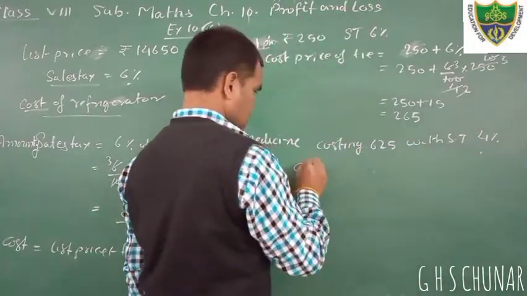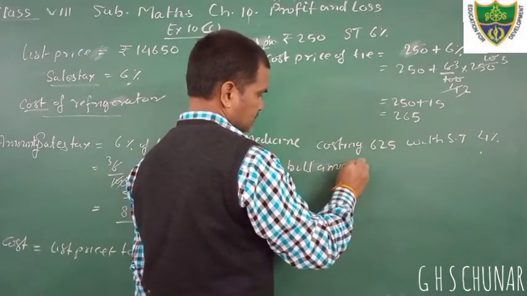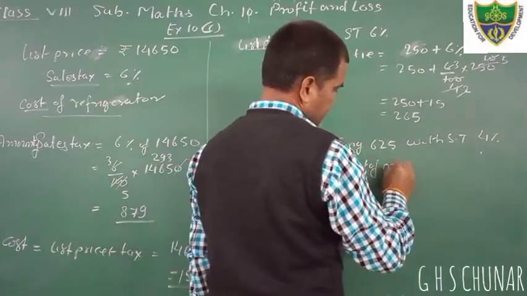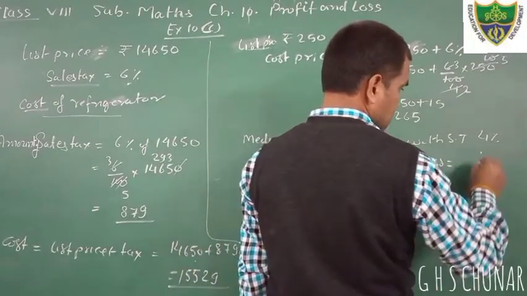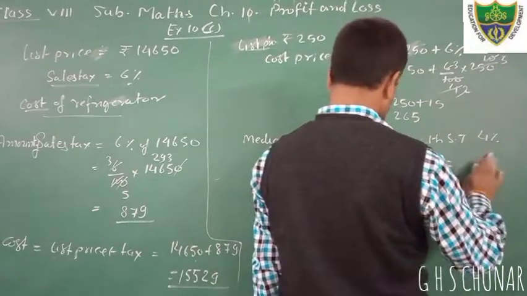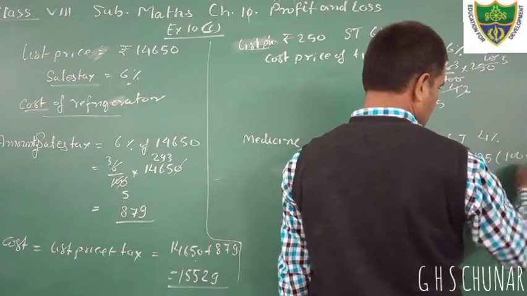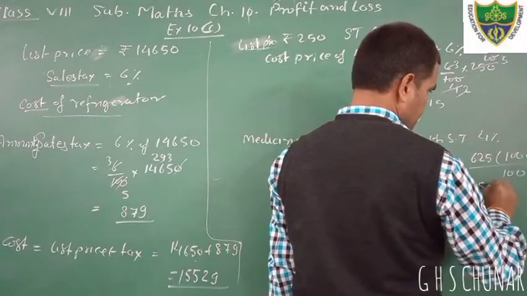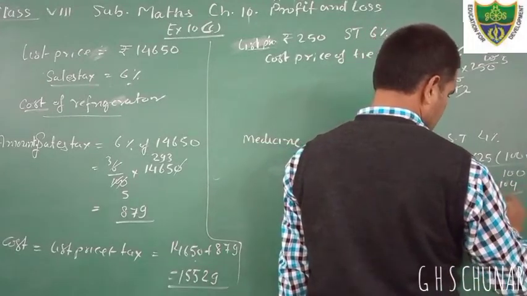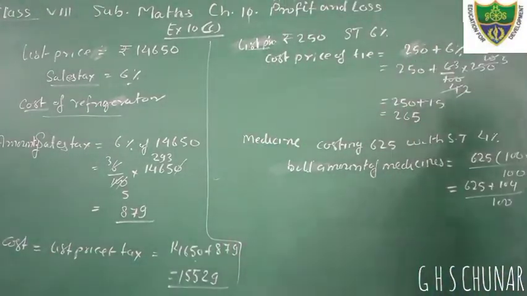Now the bill amount of the medicine is 625 into 100 plus 4 upon 100, that is 625 into 104 upon 100, which is equal to 650.